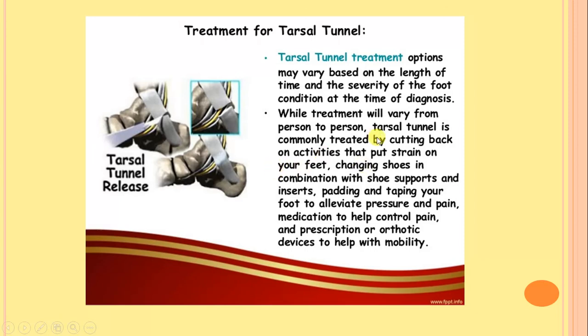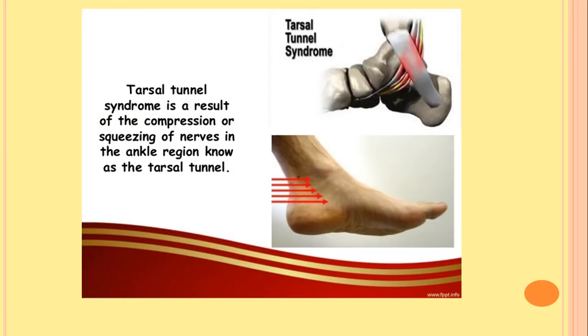I have mentioned this because in the upper limb we have seen carpal tunnel syndrome, and it is very much like it, because in carpal tunnel syndrome the median nerve is compressed while passing through the carpal tunnel, and here the nerves going to the plantar surface, most commonly the posterior tibial nerve, pass through this tarsal tunnel and can be compressed by some disease process.